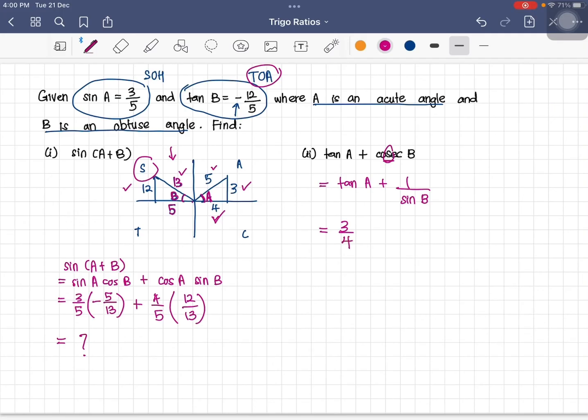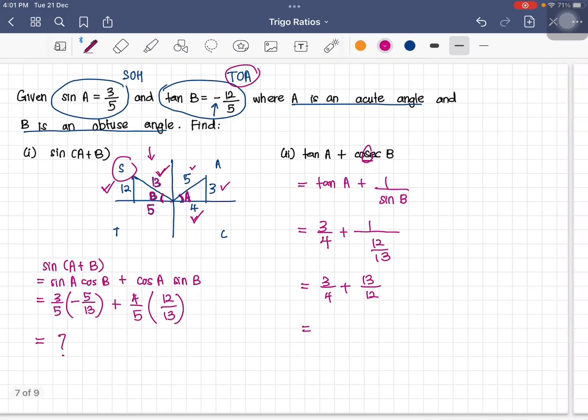You plus 1 over sine of B. Look at B, sine is positive, opposite over hypotenuse, so 12 over 13. You can simplify this, 3 over 4 plus 13 over 12. Try to simplify this using a calculator to get the answer. Is it easy, right? All right, let's go to the next one.